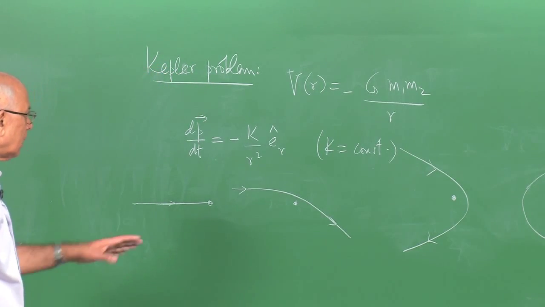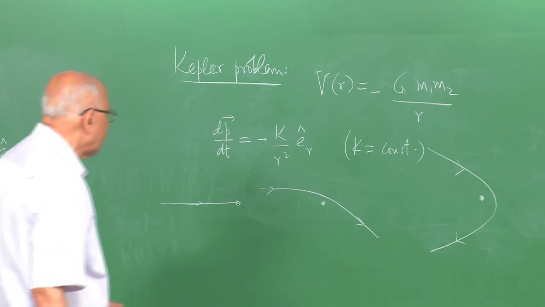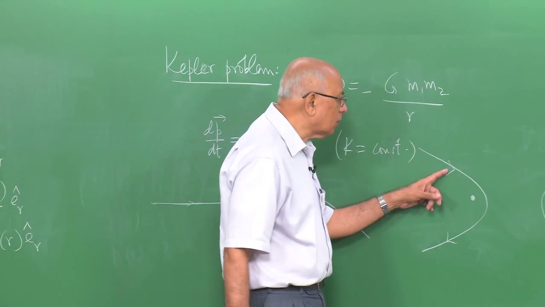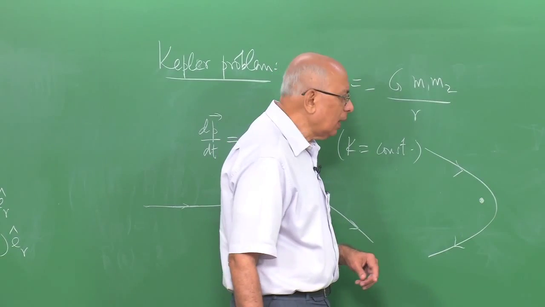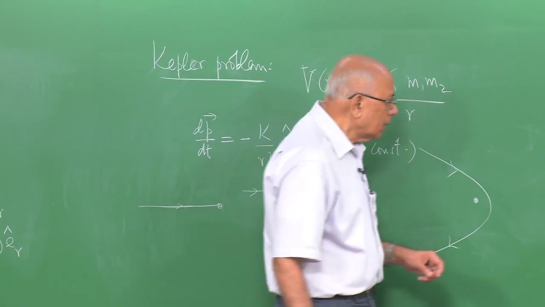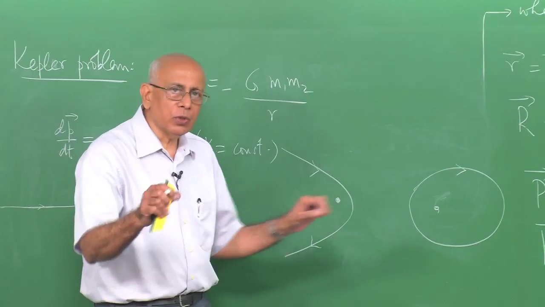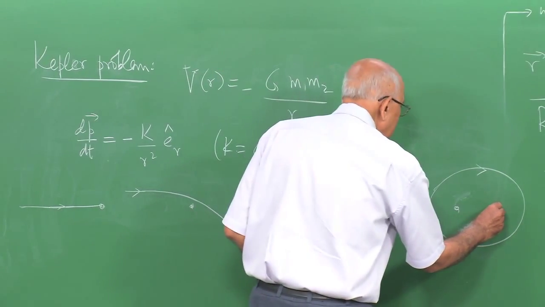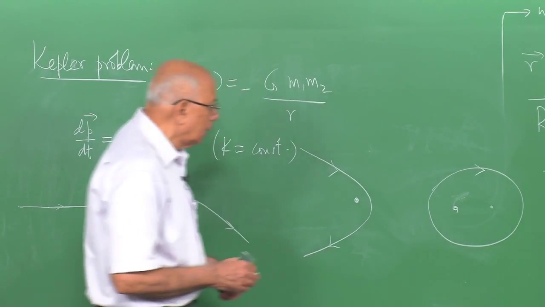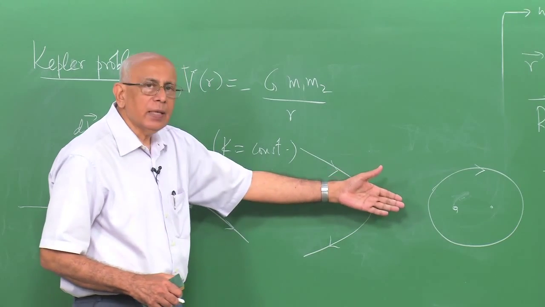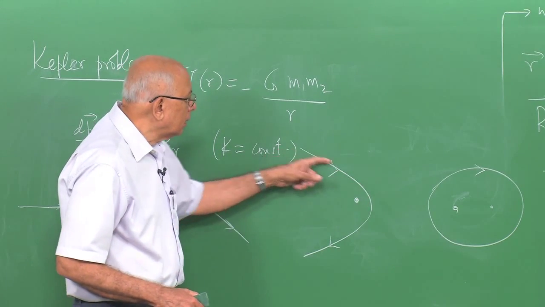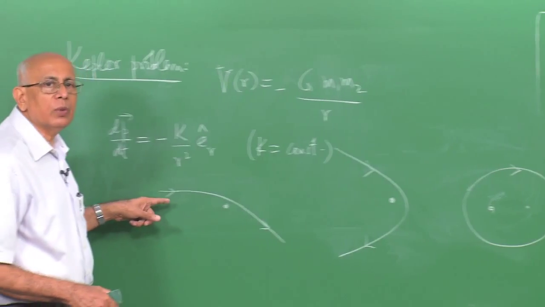Now it is interesting to ask under what conditions you have this intermediate case of a parabola, because if you think about it for a minute, you realize that an ellipse has two foci and a parabola is a limiting case of an ellipse when one of the foci moves away to infinity.